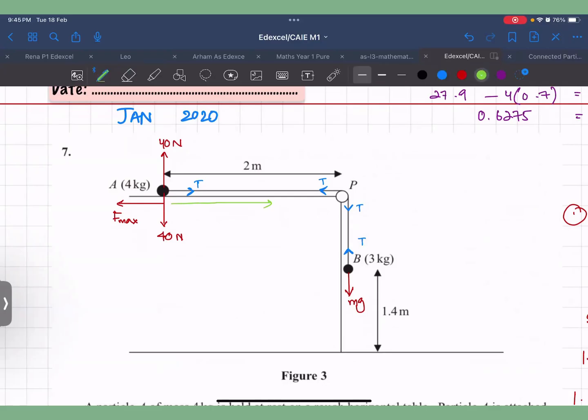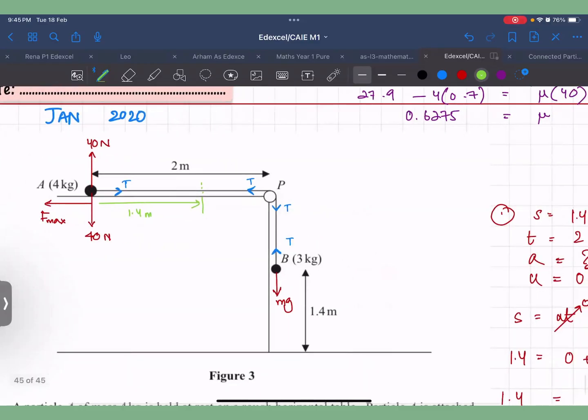And after this position, they would now be moving as independent objects. The string would now become slack because B is resting on the floor, so they would become slack.